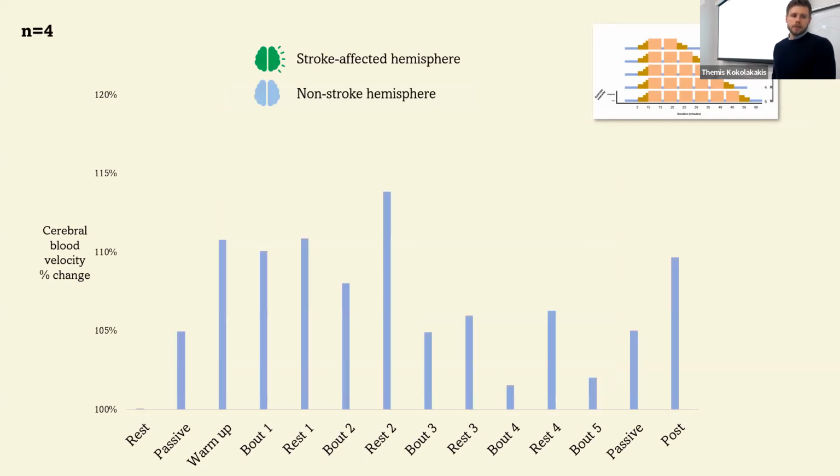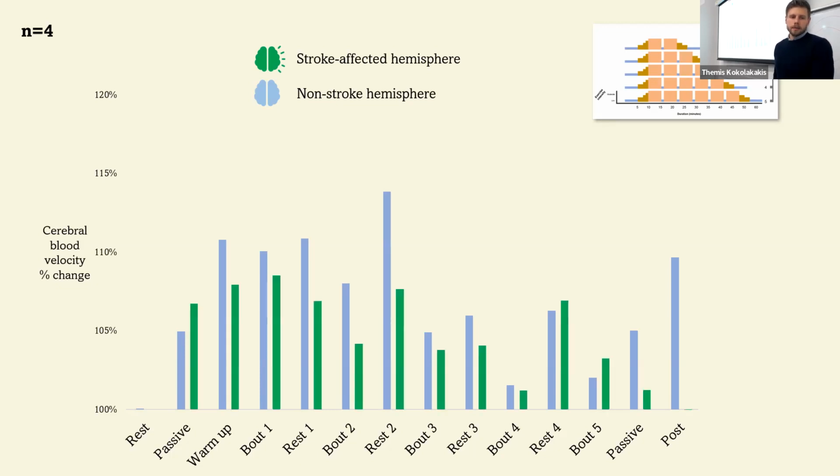The first bars represent the side of the brain that's not affected by the stroke, the non-injured side. We can see that during exercise, there is around a 10 to 15% increase in cerebral blood velocity, and this starts to taper off at about a third to halfway through the session. On the stroke-affected side, there's a similar pattern, but at a smaller magnitude.